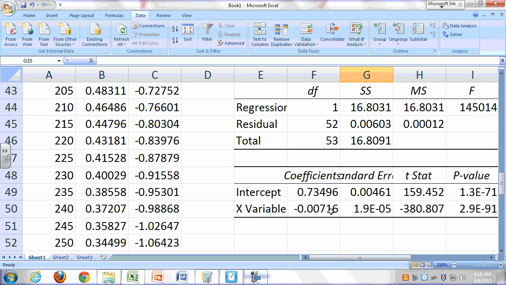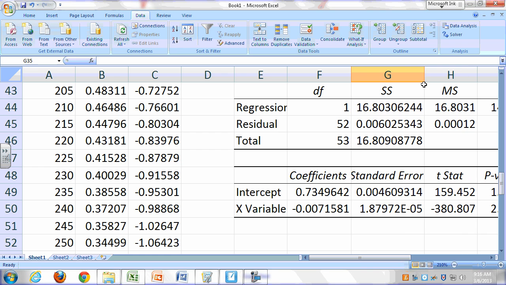And so my slope is right here: negative 0.007151 plus or minus 1.8 times 10 to the negative 5. So what would that be? 0.000018, so fifth decimal place.